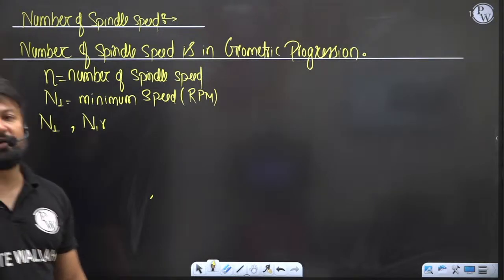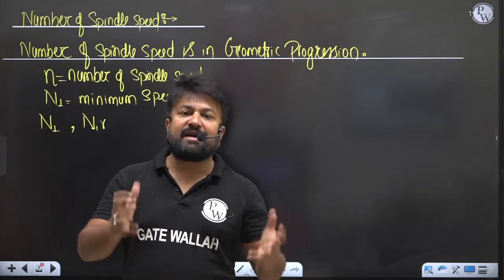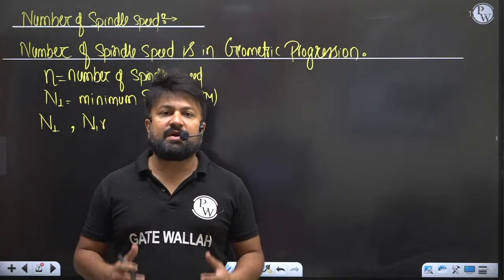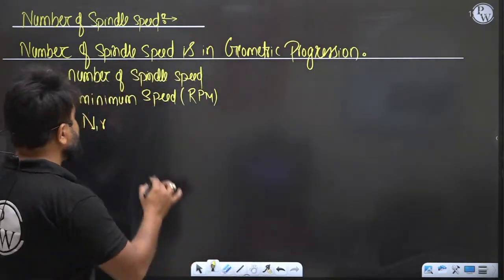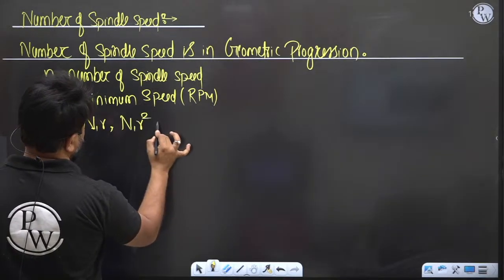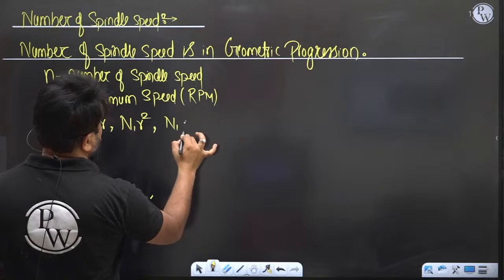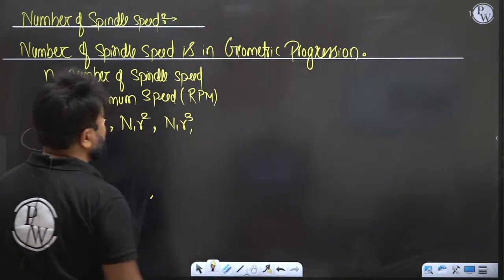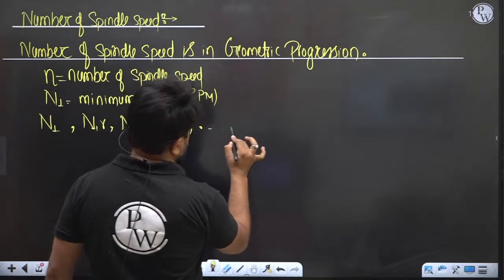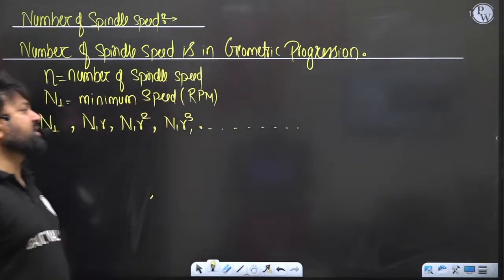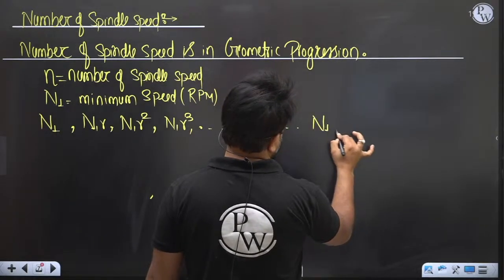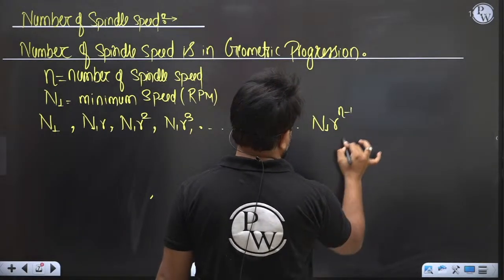Here R is a step ratio. Next is N1R square, next is N1R cube, and the last speed, the maximum speed, is N1 R to the power n minus 1.